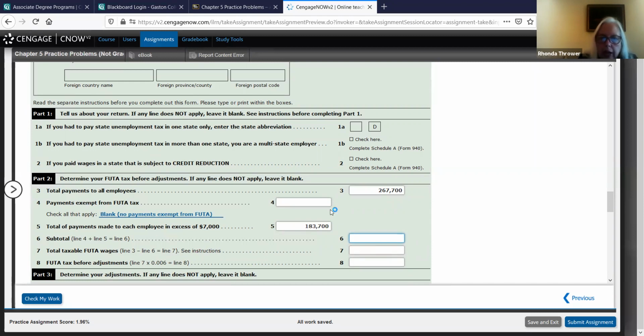And so when we add the two of these together, it's going to give us 183,700. And then when we subtract this, that should leave us with the amount of wages that were subject to FUTA. So 267,700 minus 183,700 is 84,000. Again, this information is on your spreadsheet.